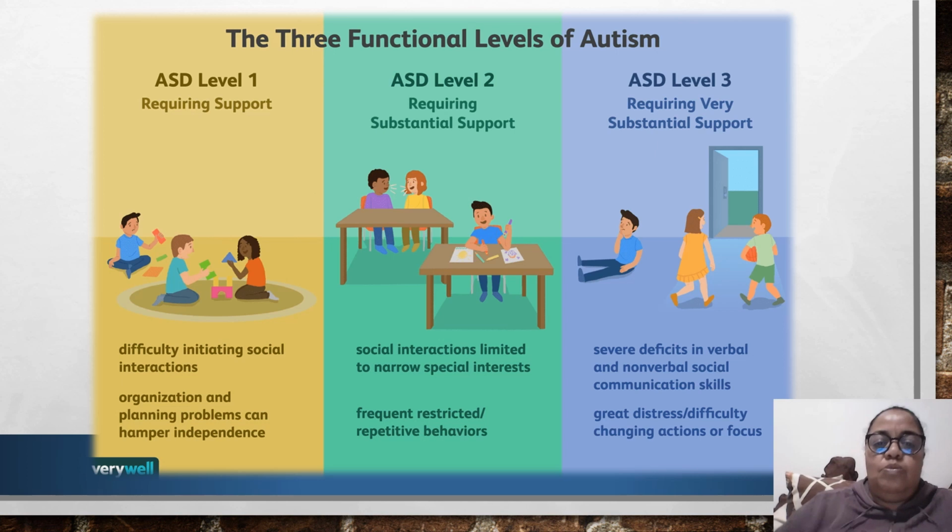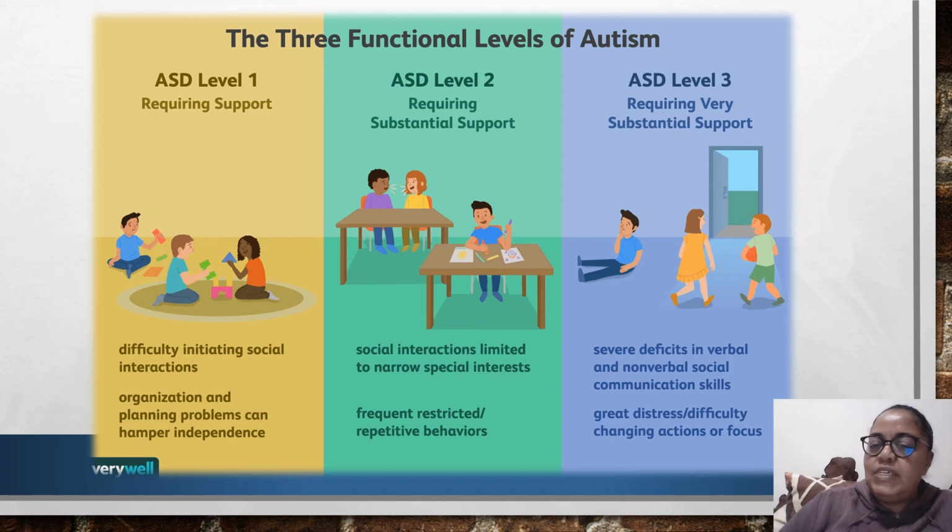So if we look at ASD and the levels, there are 3 levels. Level 1 is relatively good functioning, on an optimal level, where they interact to a certain degree. They have planning problems, but nothing major, and they can still function in a mainstream school.